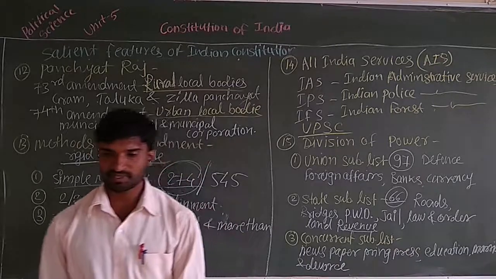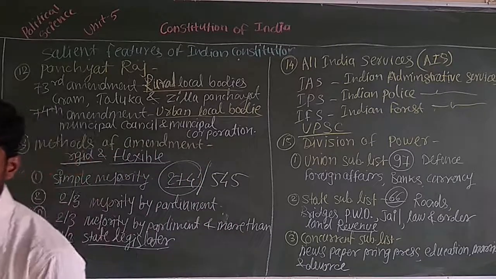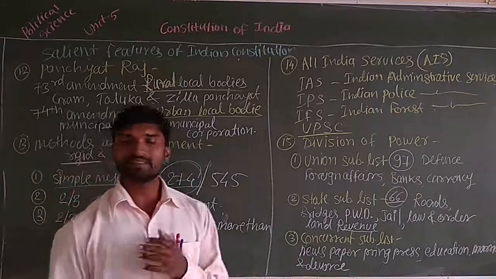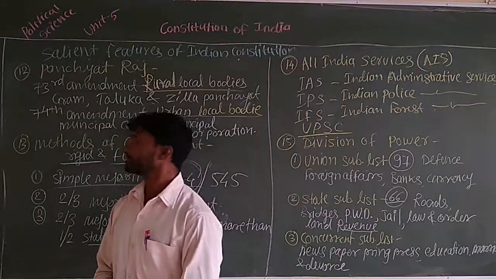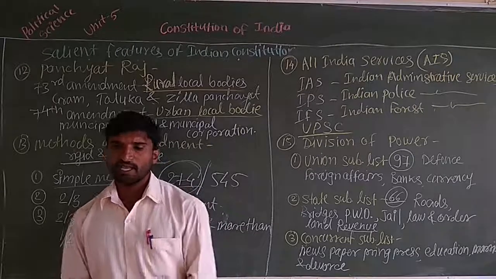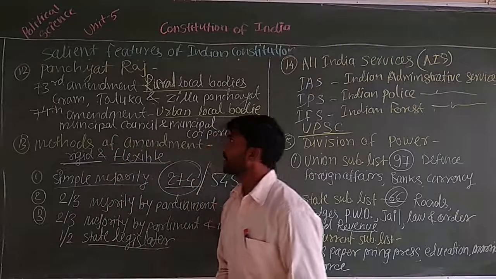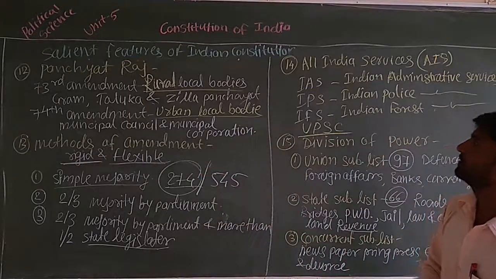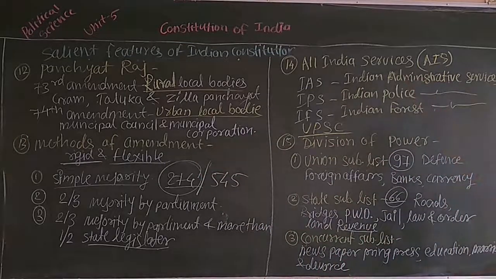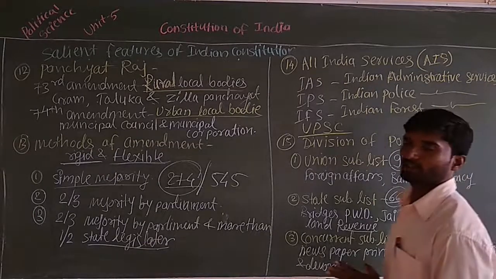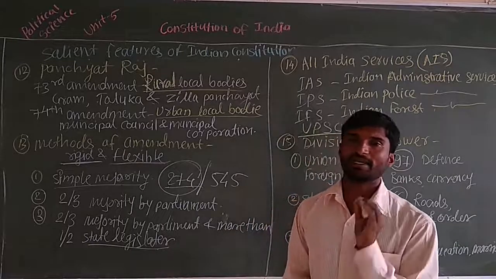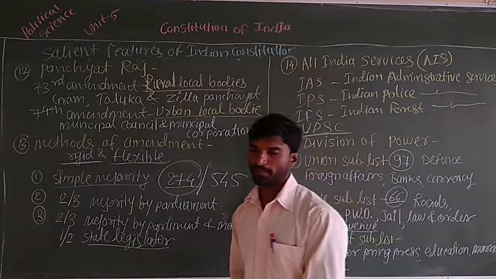Then parliamentary system, parliamentary form of government, independent judiciary system, single citizenship. Then emergency powers, Panchayat Raj, methods of amendment, all India services, division of power. So these are the total 15 salient features of the Indian Constitution.